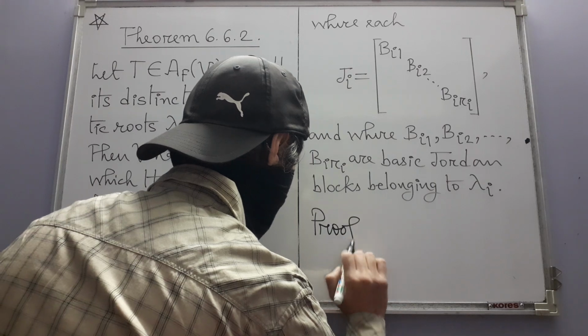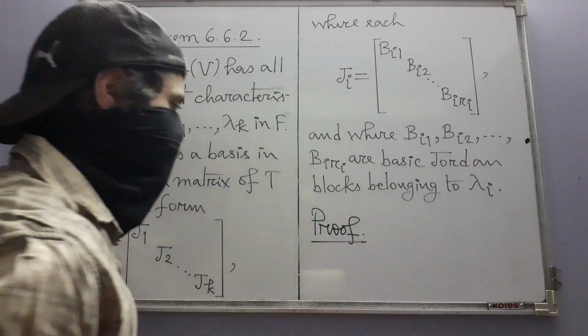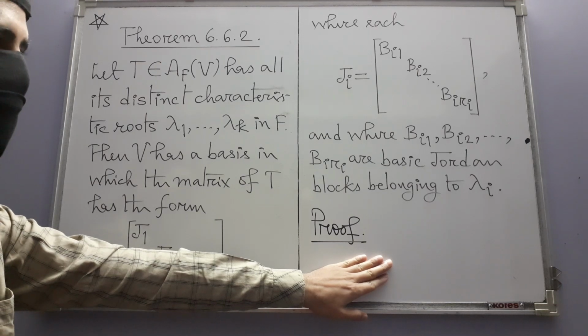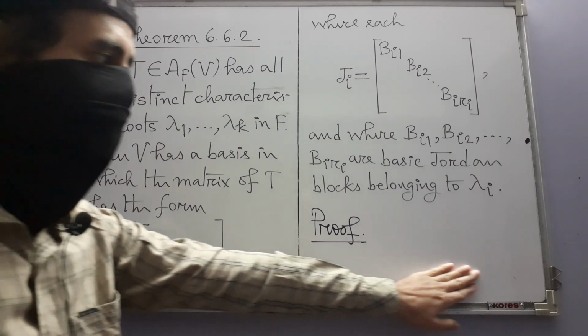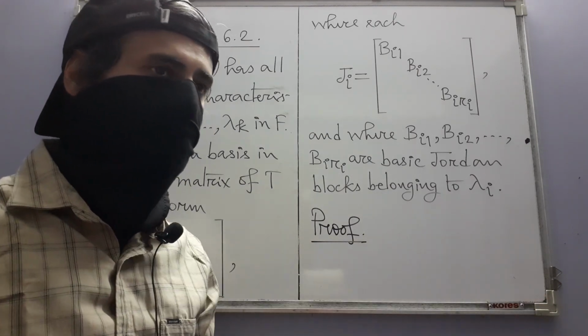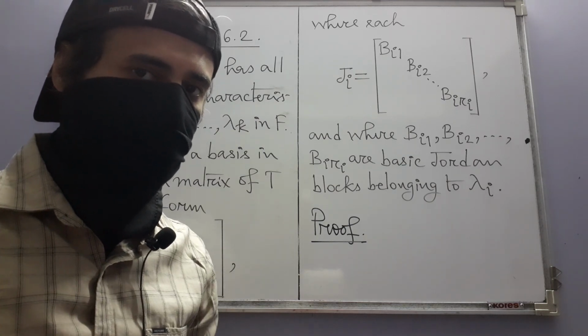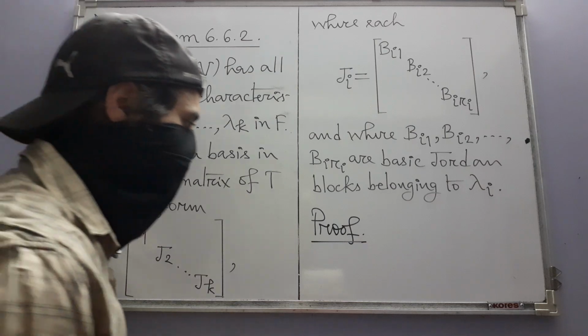And in the proof, the author starts by noticing that a basic Jordan block can be expressed in terms of another matrix that we have already come across, we have already defined.